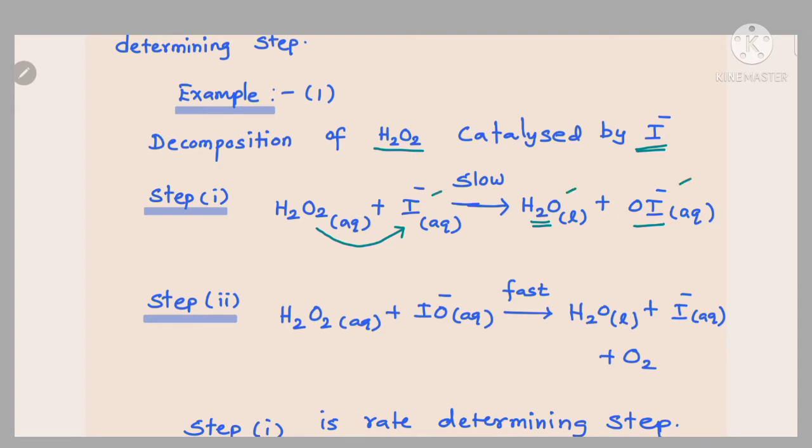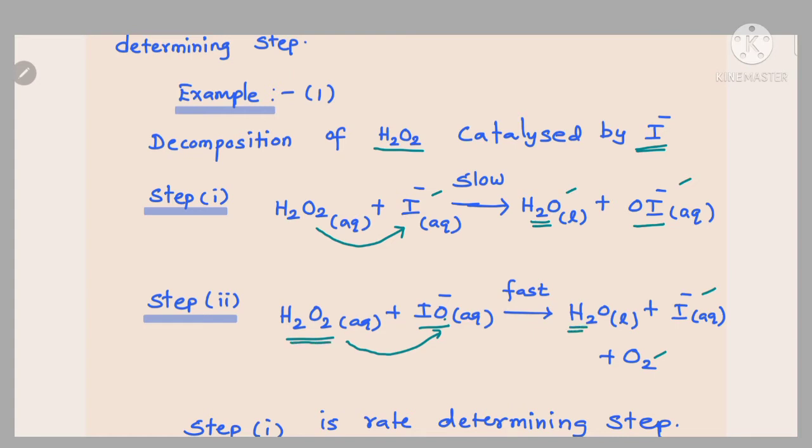Then the second step: another molecule of hydrogen peroxide reacts with IO minus. Again there is transfer of oxygen. One oxygen will be added to this oxygen, so that it becomes O2. Then I minus is getting separated. When this hydrogen peroxide loses the oxygen, it becomes water.